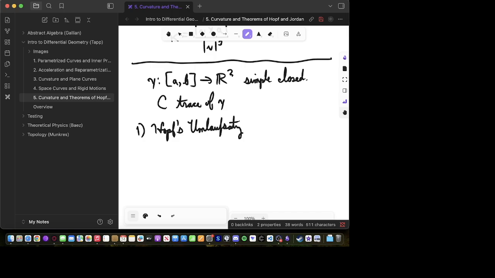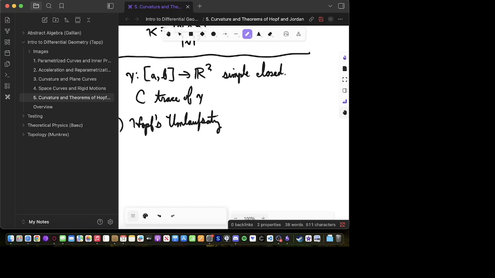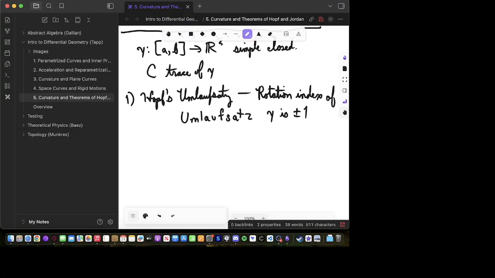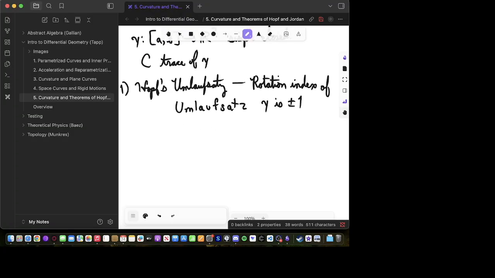Hopf's Umlaufsatz. Let me spell that out. That basically just says the rotation index of gamma must be positive or negative 1. So if we have a simple closed curve, the rotation index must be positive or negative 1.